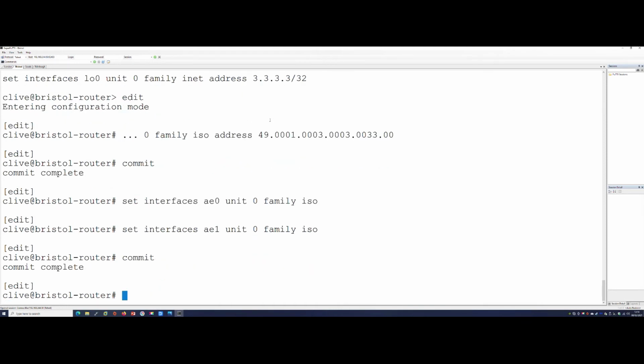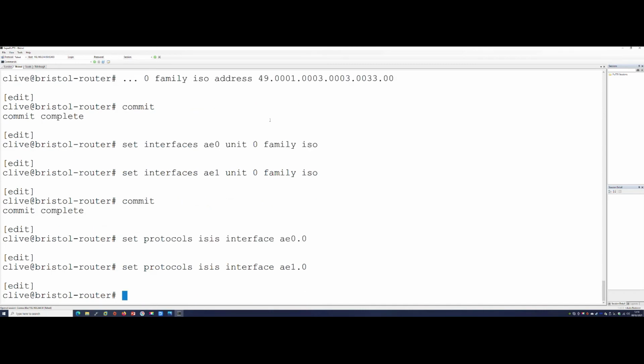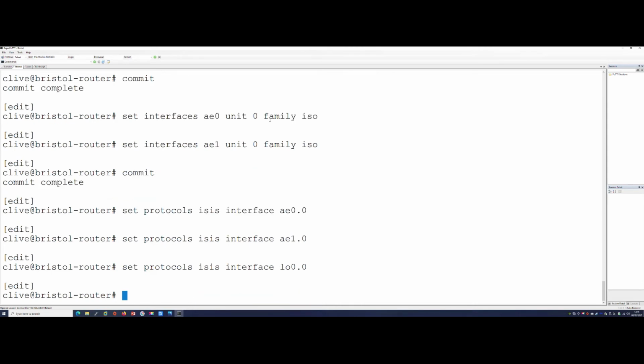Let's just commit that anyway. So now we set our protocols isis interface ae0.0, ae1.0, but don't forget we need to put our loopback in there as well, lo0.0, and we can commit that.